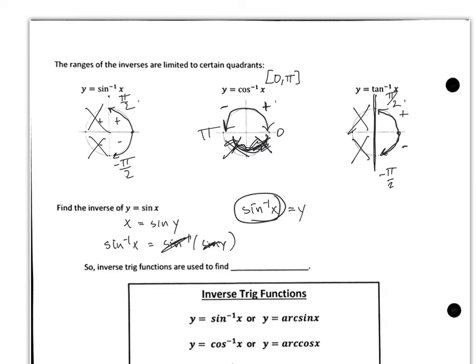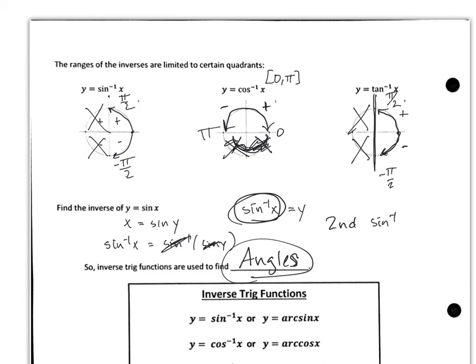If you recall on your calculator, anytime you hit second, whether you hit sine or cosine, it shows up like this on your calculator. So inverse functions are used to find angles, and that's an important thing to realize. We've already done it on the calculator, but sometimes when you look at the unit circle, it gets a little bit more confusing. So let's try some of these.